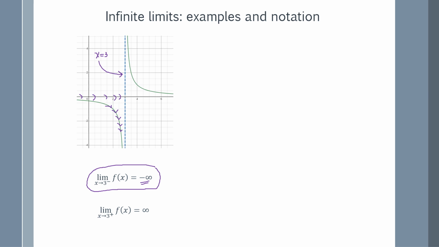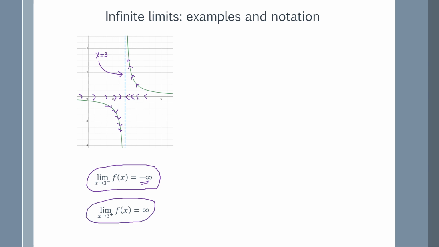What about the right side? As we approach 3 from the right side, what happens to our graph? It goes up. It gets closer and closer to the vertical line x is equal to 3, but it never touches it. It just goes way up, and that is represented by the following notation.